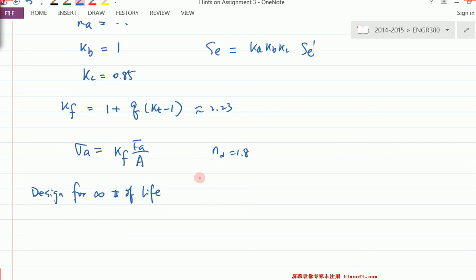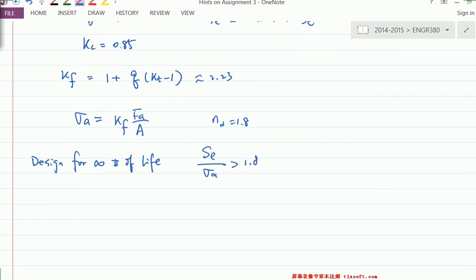So we compare Se with the sigma A, and we make sure that this value is greater than 1.8. So the boundary will be Se over this. We try to look at the boundary values, the critical values here.